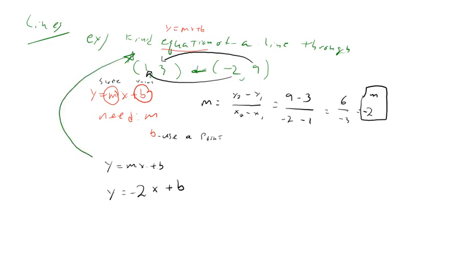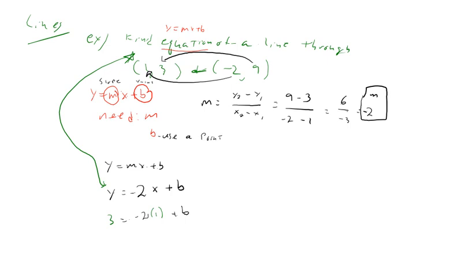So I'm going to get 3 equals negative 2 times 1 plus b. Plug in the point. Yeah? And then you just solve for b.